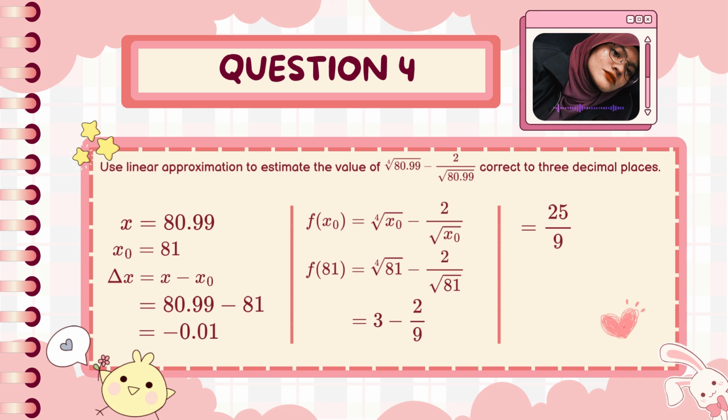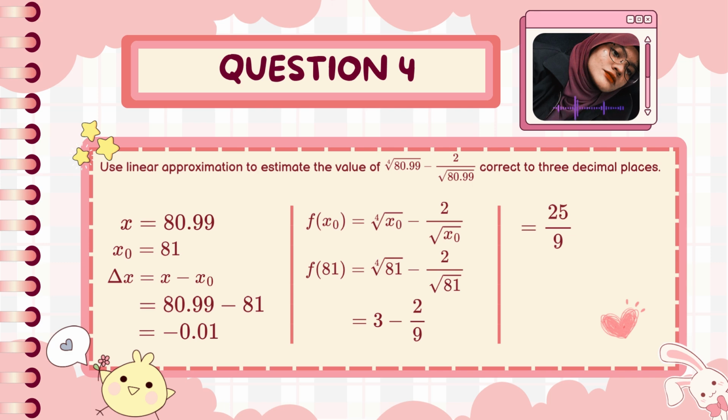X is the given value, which we will take from the root. So x is 80.99. X sub 0 is the chosen value, which is the value closest to 80.99. So x sub 0 is 81. Delta x is equivalent x minus x sub 0. Substitute values and we will get negative 0.01.